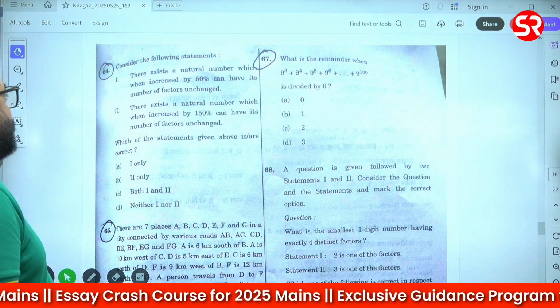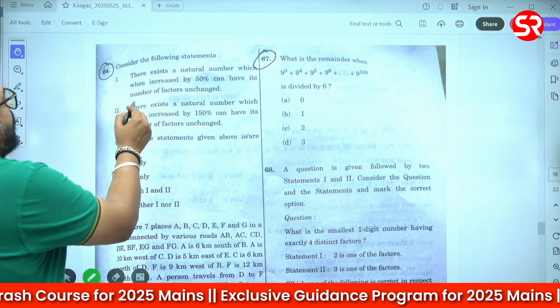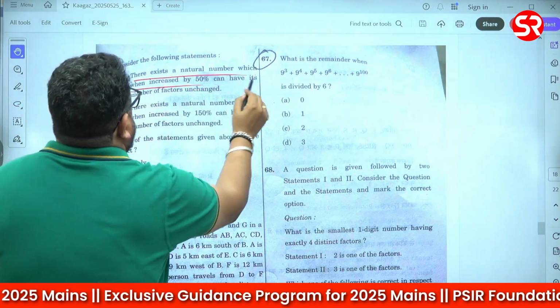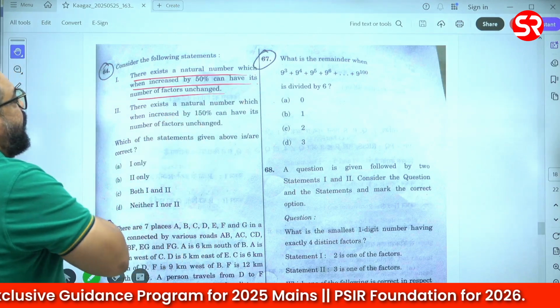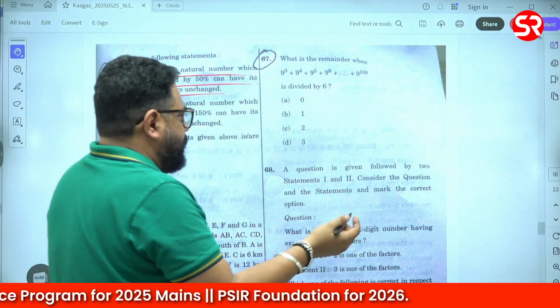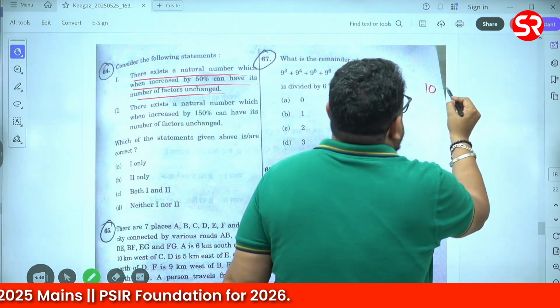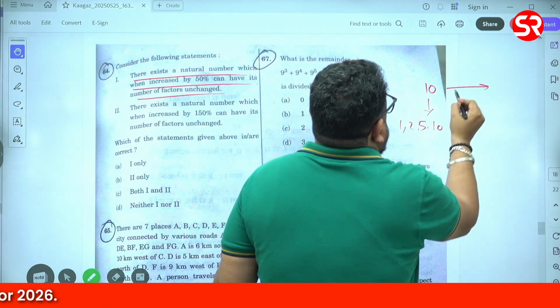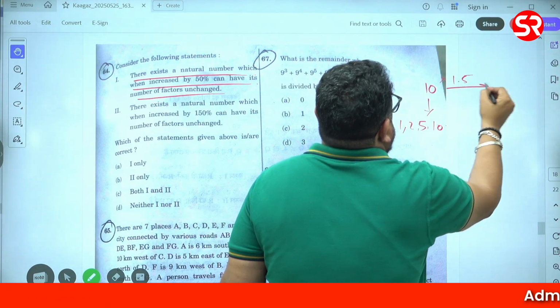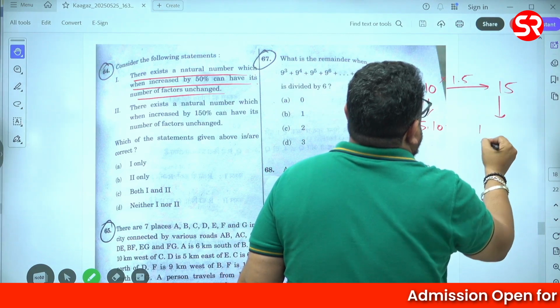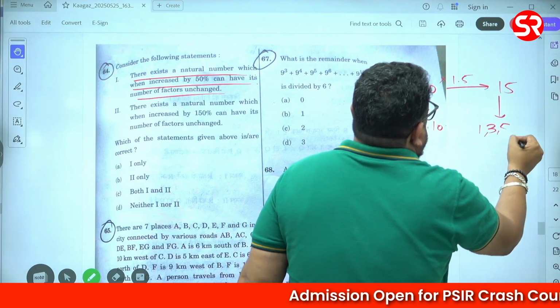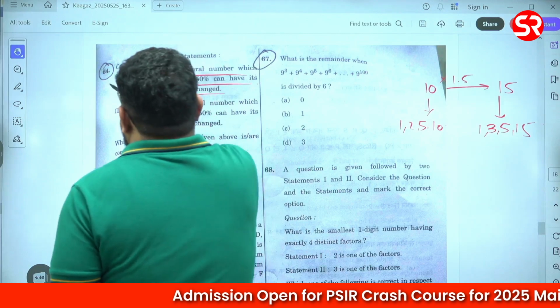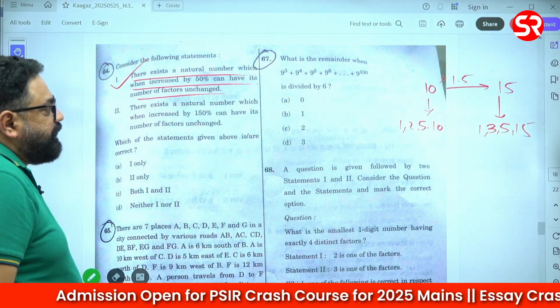अभी देखो, he says there exists a natural number which when increased by 50% can have number of factors unchanged. If we take 10, right, factors 1, 2, 5 and 10. Increase by 50%, multiply by 1.5, इसके हो जाएंगे 15, factors 1, 3, 5 and 15. Yes, there exists.